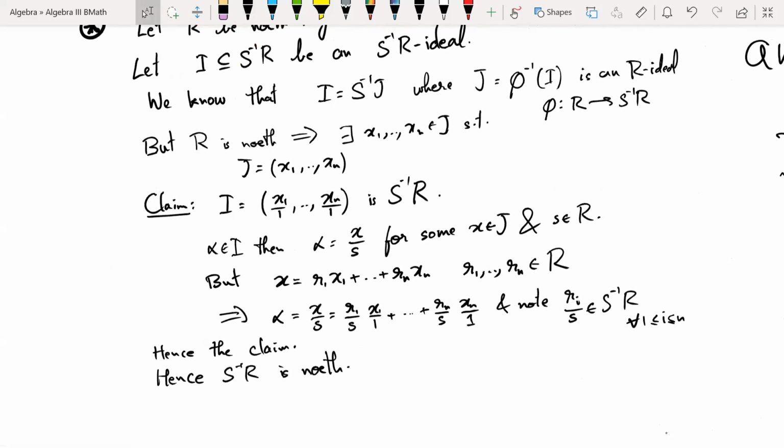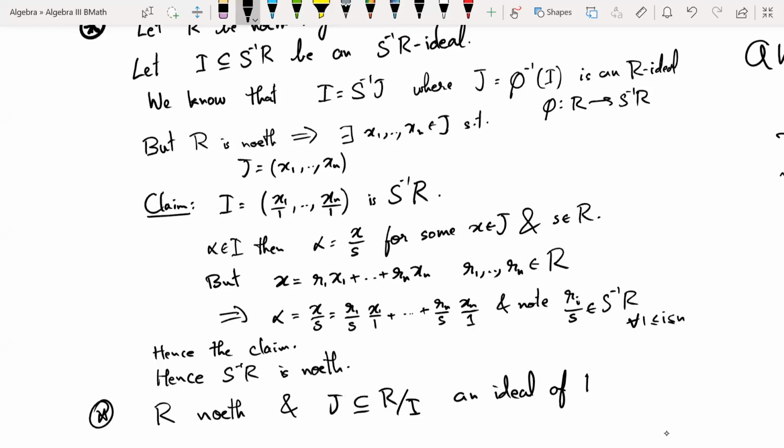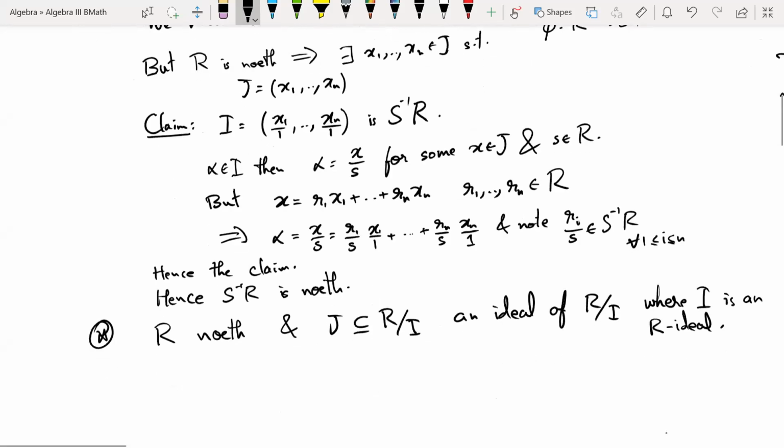So R Noetherian, and say J is an ideal of R mod I, where I is an R ideal. Then what do we know about J?